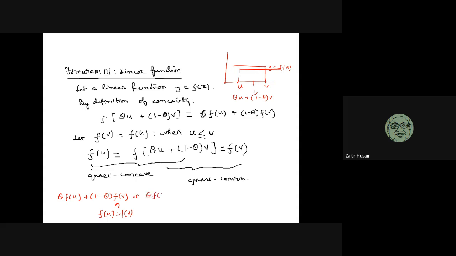So theta into f(u) plus 1 minus theta into f(u). What do I get? I'm getting f(u). Or if I put f(v) over here, this term is equal to both f(u) and f(v), right? So we can write it in this form.